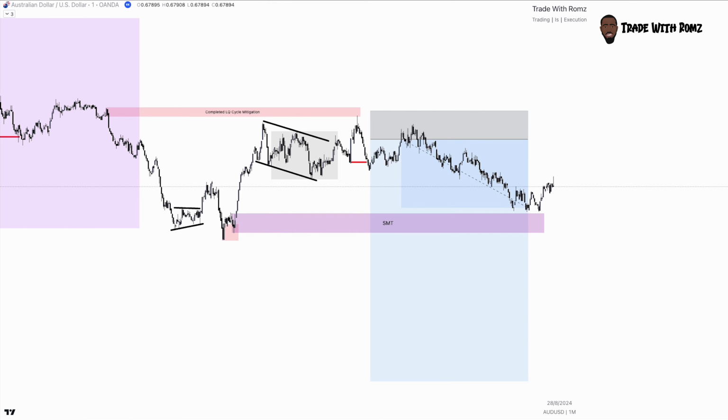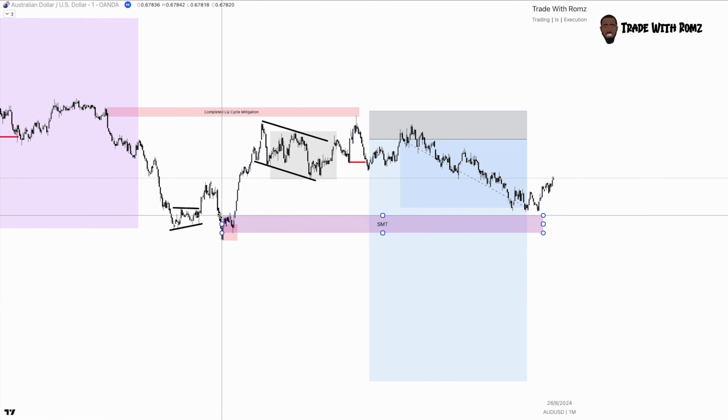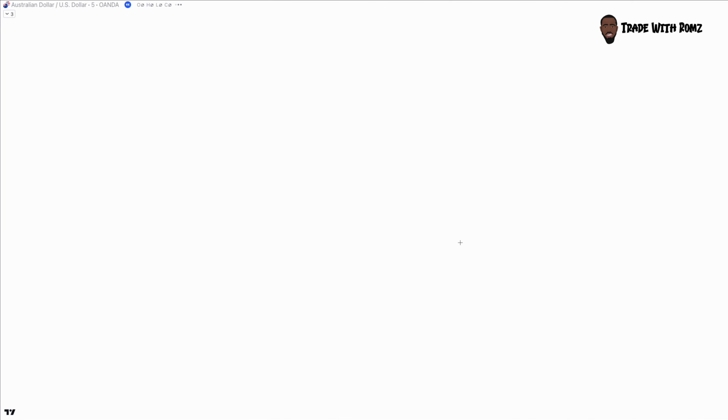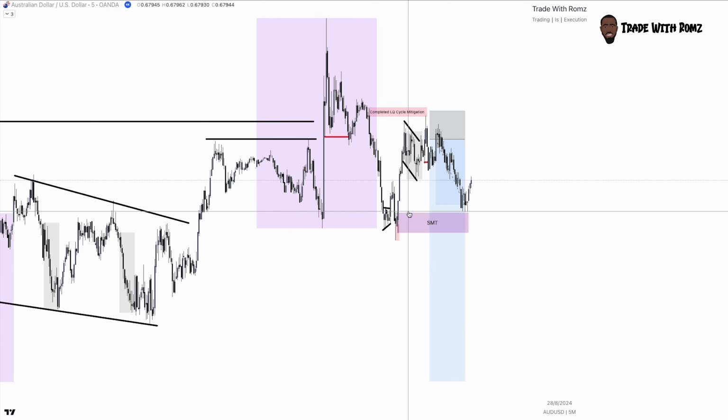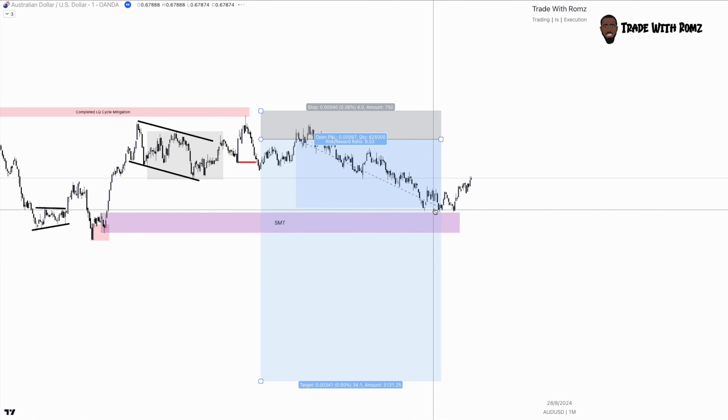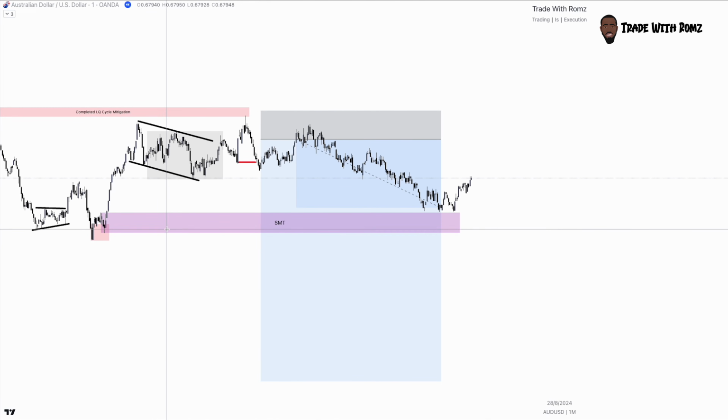Bounces, all right, cool. So I was about here. So the price on the 5 minute hadn't really tapped in properly, to be honest with you, but it was approaching the SMT. But I believe that this was going to get taken. I can't say for sure, but it made sense, okay?